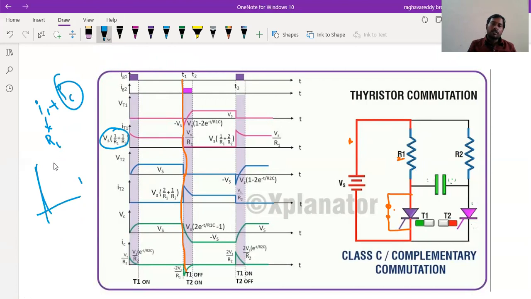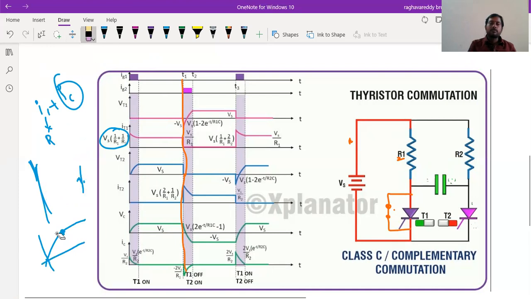The current through the capacitor will increase in this manner, and gradually that current will become constant. Up to 67% or 68%, the current increases fast, and after that it charges very slowly.